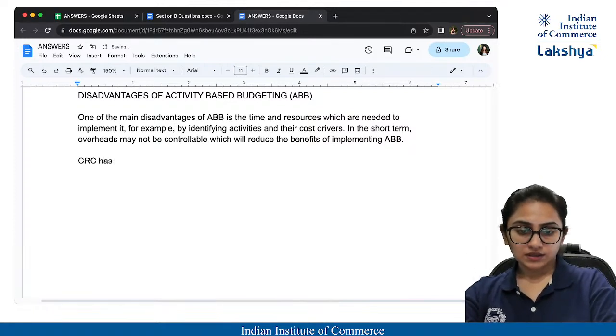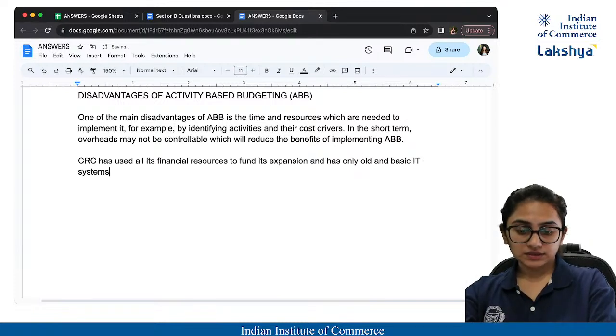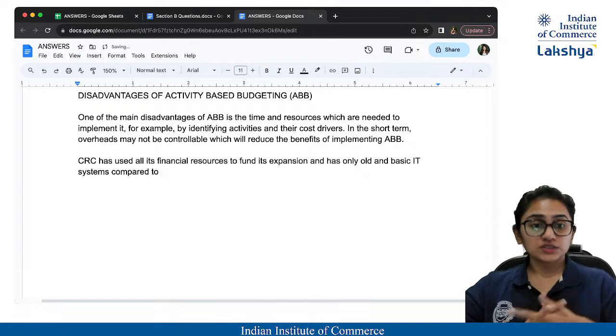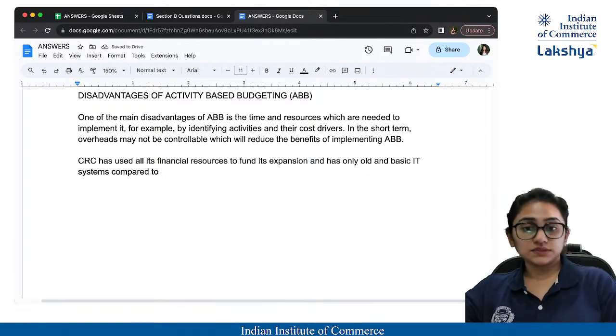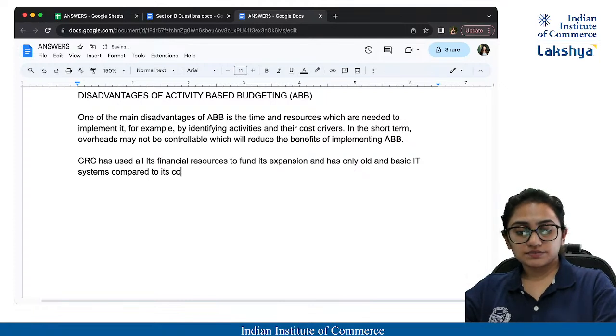CRC has used all its financial resources to fund its expansion and has only old and basic IT systems compared to its competitors, because that is what the question is saying.